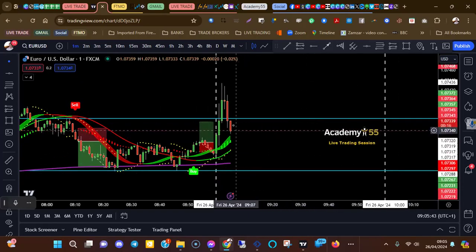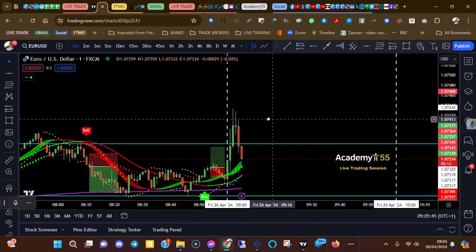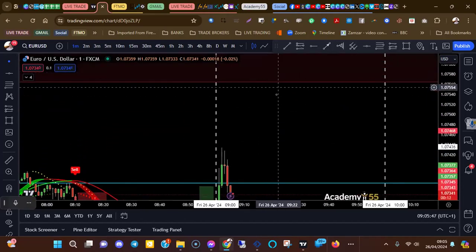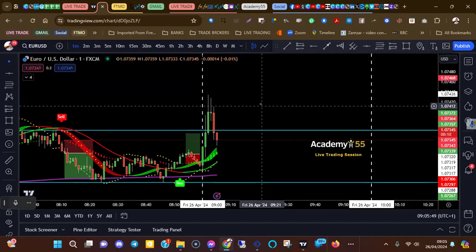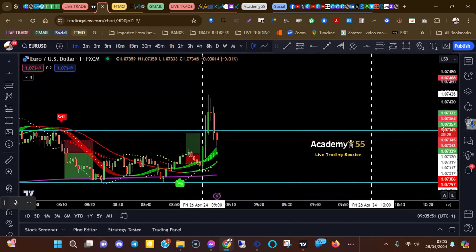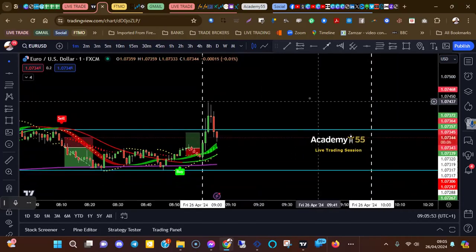And in most cases, it pushes up again, especially if it's big news, possibly going into these areas here. That's a scenario that could happen.